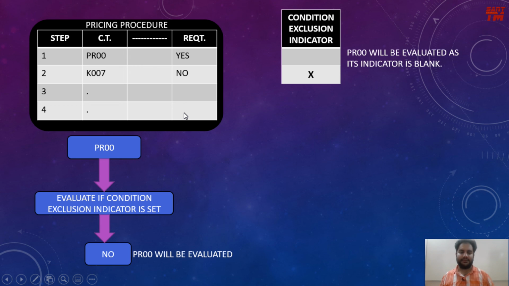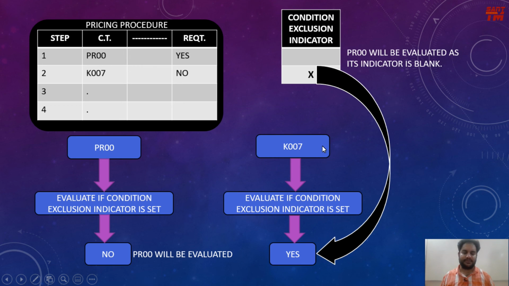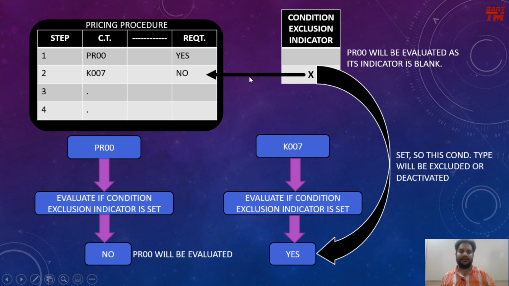And now let us check K007. Evaluate if the condition exclusion indicator is set. Yes, there is an indicator set here. So the answer is yes. As the indicator is set, this condition would be excluded or deactivated. That means K007 would be deactivated. So this is what the requirement field is. If the condition exclusion indicator is set, then the requirement is no. That means this condition type will not work.